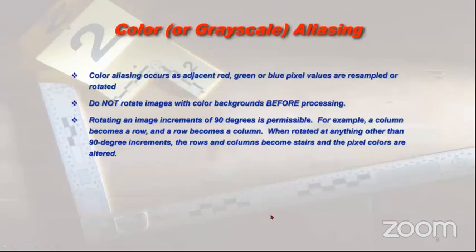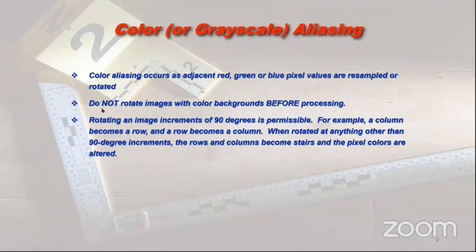So when we're getting into rotating images, we get into issues that are color aliasing. It's also resampling pixels. And the problem is that it can actually change the appearance of the characteristic of the footwear impression when you are trying to analyze the level of details or the characteristic within the image.